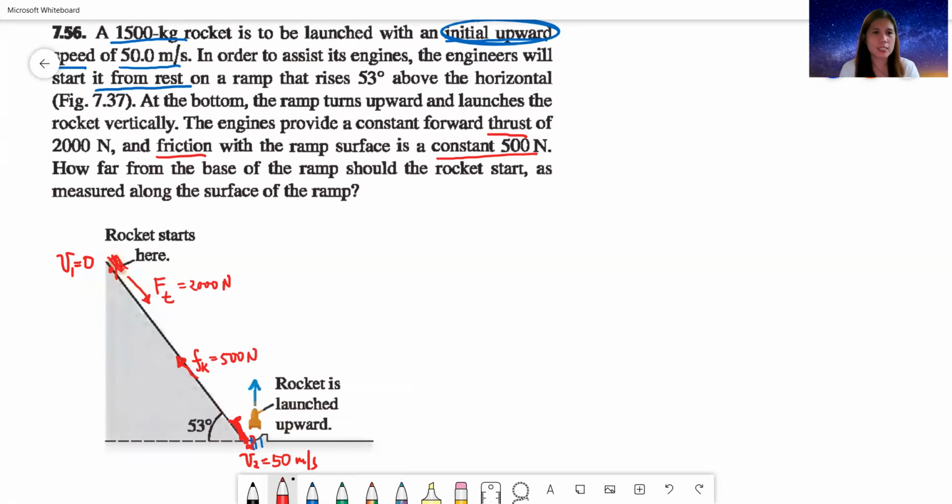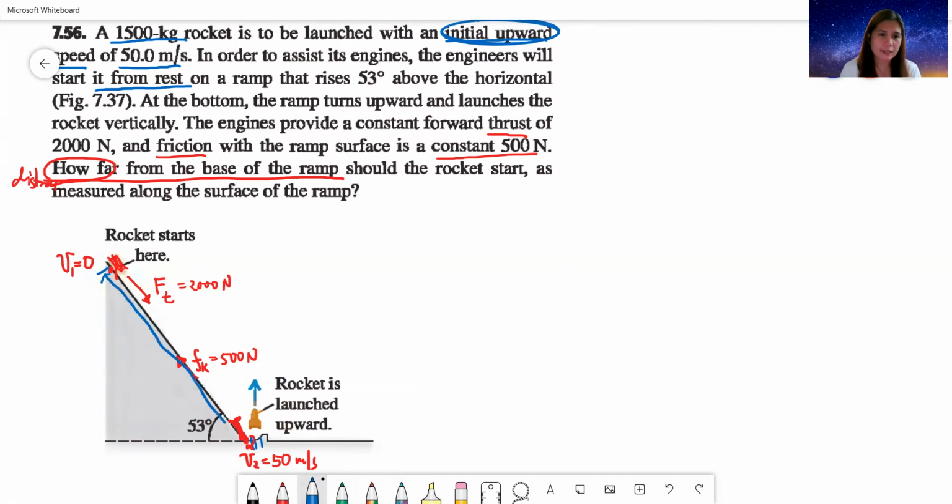The question is, how far from the base of the ramp should the rocket start as measured along the surface of the ramp? So how far? Meaning it's talking about distance or length. Okay? So specifically, we are to determine how far should it be. So anong length, in other words?